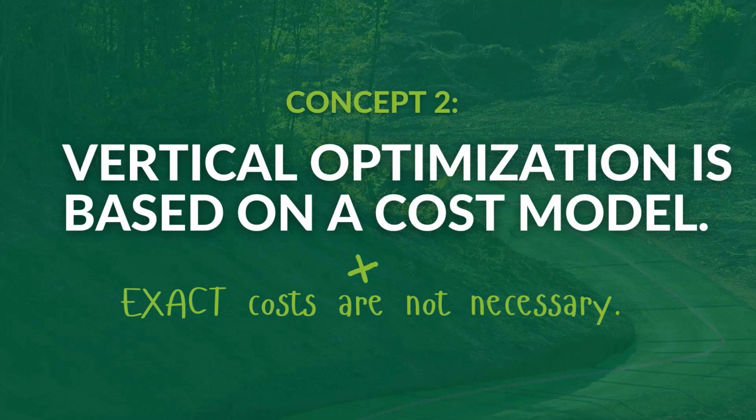So our second concept builds on that last one, which is to help you understand where the vertical optimization is coming from. And in this case, it's based on a cost model. But the really key concept, if you're going to pick one to remember, is that exact costs are really not necessary.